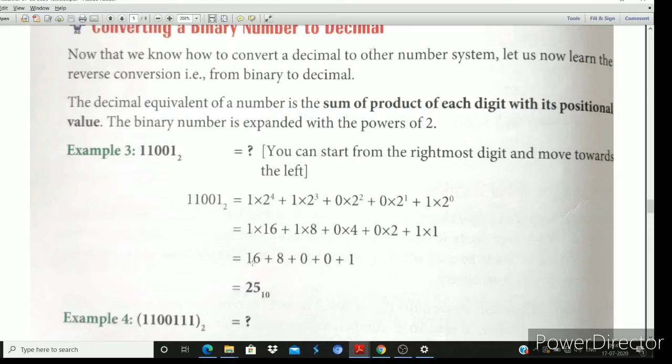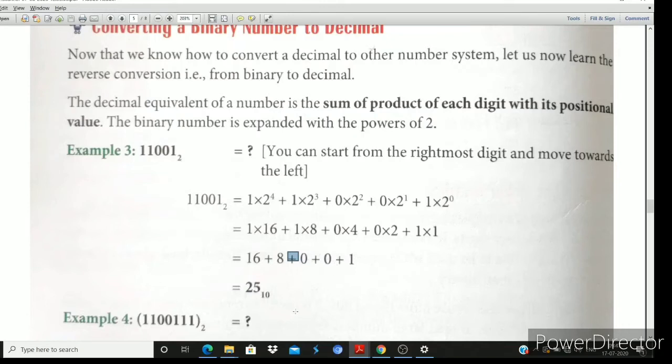Now we have only one operator left, which is addition. Multiplication is already done here. Then we add all these numbers together. 16 plus 8 is 24, and then plus 1 is 25.